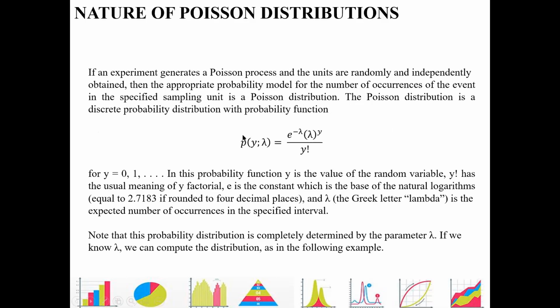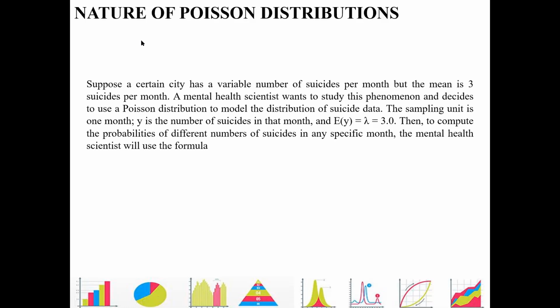So using the formula, e raised to negative lambda, multiplied by lambda raised to y over y factorial.